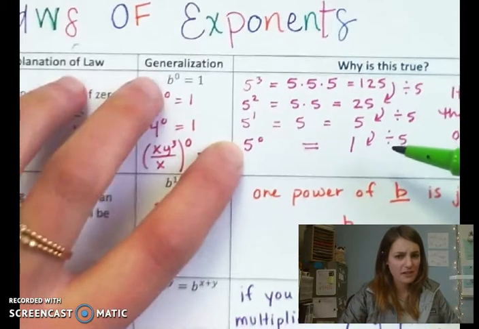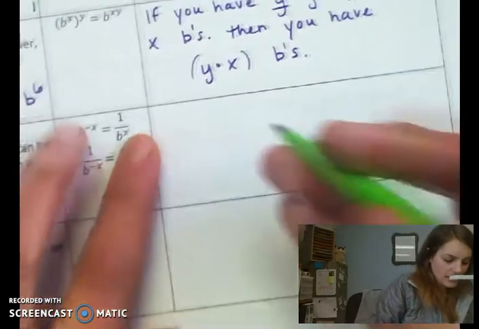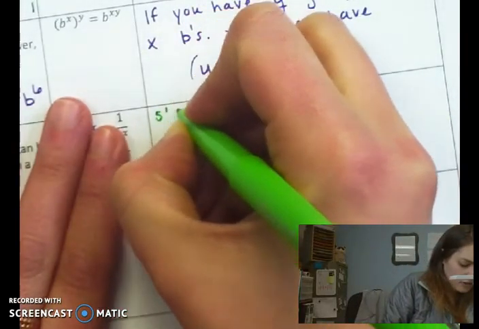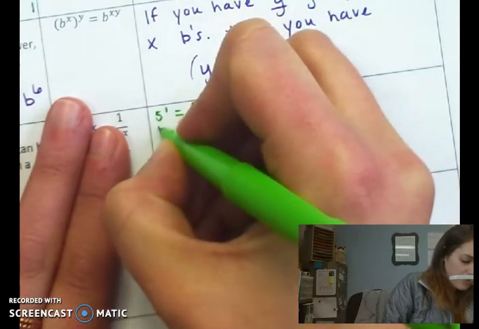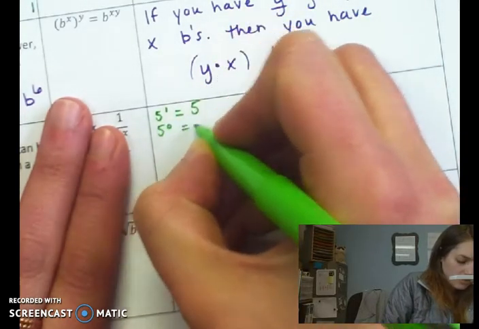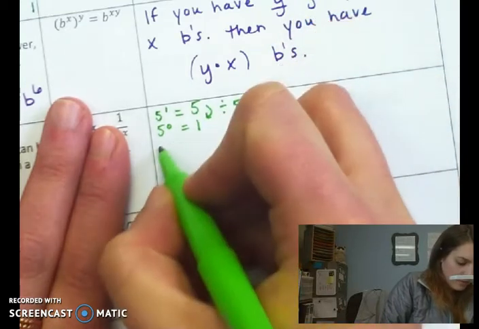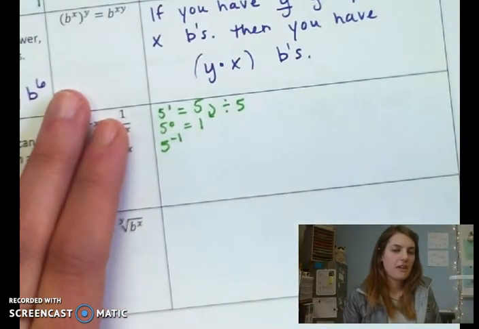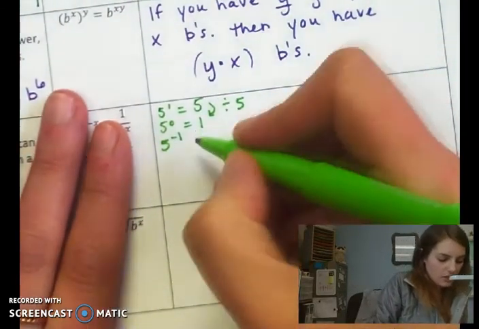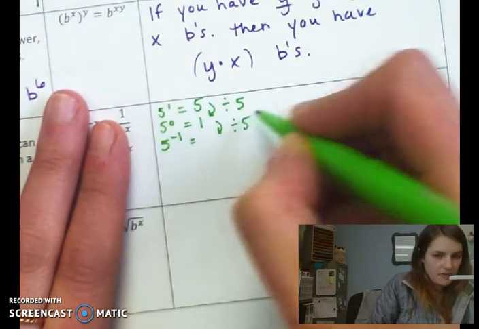So if we kept that going, let's fill in a little bit down here. Let's say 5 to the first was 5. 5 to the 0 was 1, because we were dividing by 5. Well, what if we go down into the negative numbers for our exponent? Then we have 5 to the negative 1. According to the pattern, we would need to take 1 and divide it by 5.